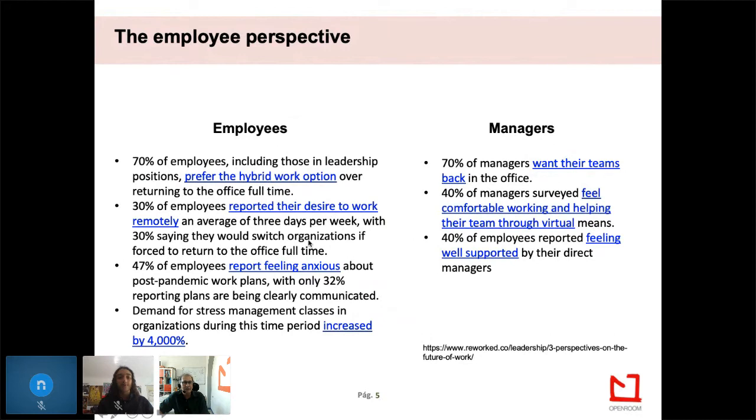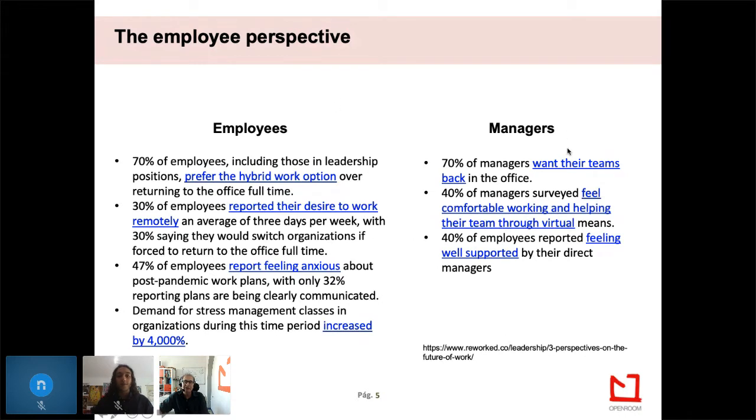Also, 47% report feeling anxious about the post-pandemic work plans, and only 32% report that plans are being clearly communicated. So there is a demand for people who clarify the situation of this hybrid model, because it's not something we are used to, it's something new.